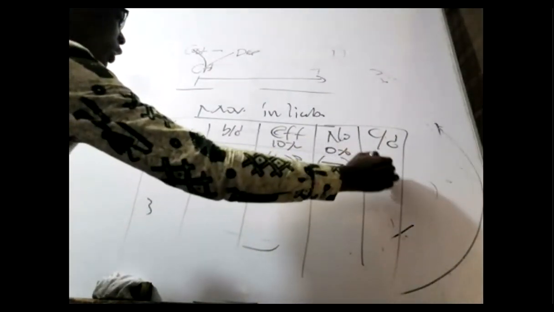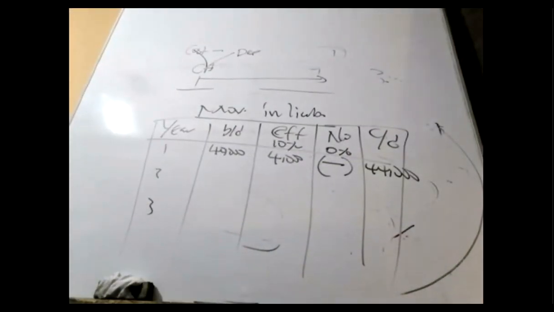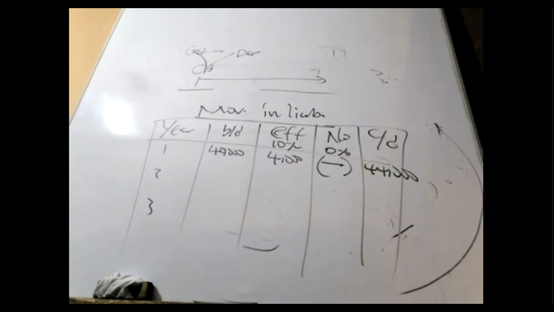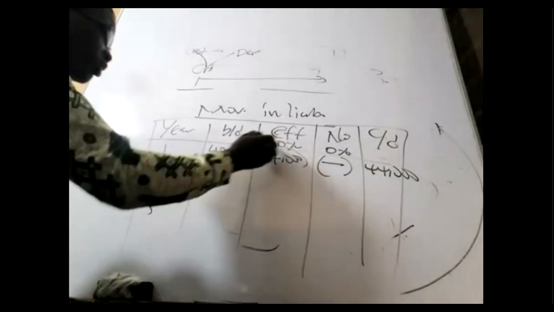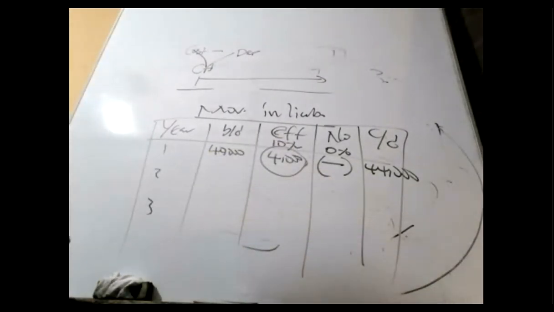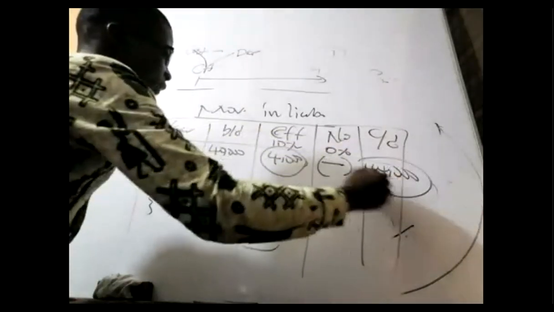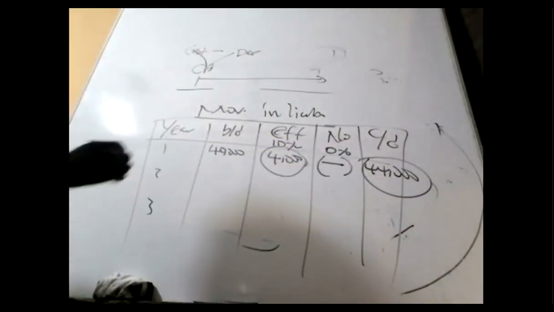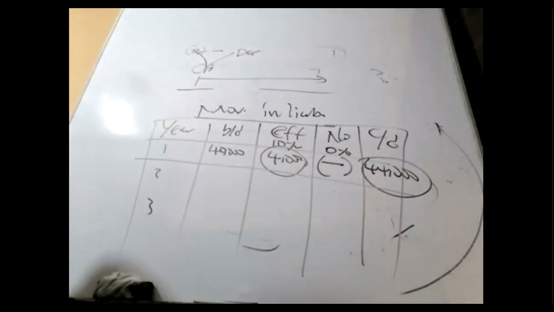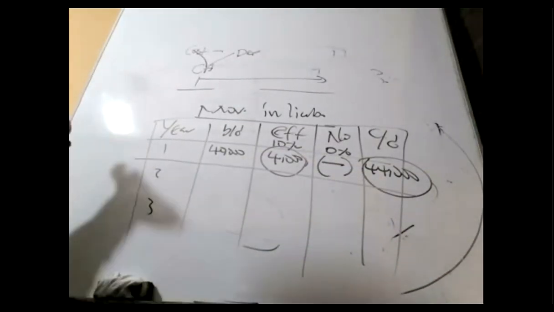So it will be 44,000. That is all. It tells me that in your P&L, the finance cost should be 4,000. Your closing balance is 44,000. It ends there. You only need the first year. You don't need all the years, please. Just the first year.